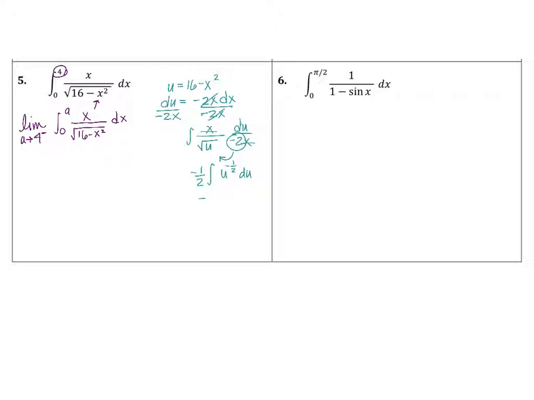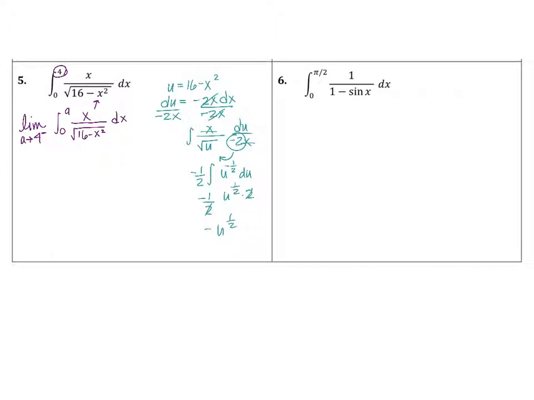All right, now you have negative 1/2 u to the negative 1/2, and if I add 1, I get 1/2. That tells me what I'm dividing by, which is multiplying by 2. And so it looks like I get negative u to the 1/2.